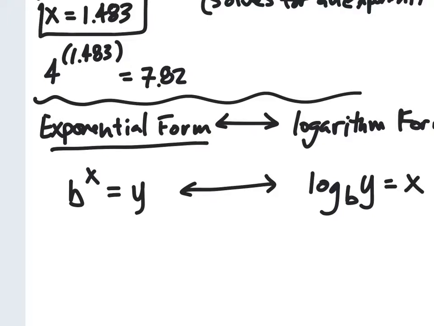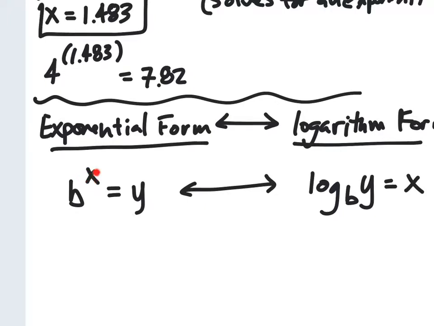So I need to be able to, given exponential form, write something in logarithm form, and vice versa. I should be able to take something in logarithm form and write it in exponential form. The way I think about it, to go from exponential form to logarithm form, I say log base b, I'm solving for, my exponent here.